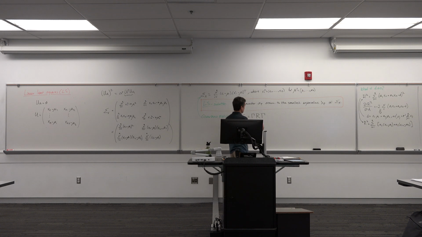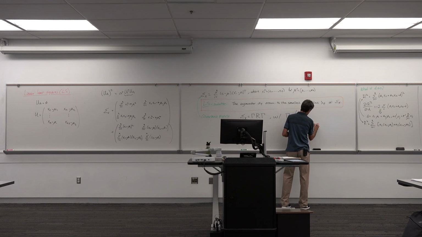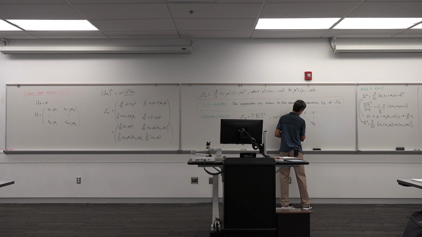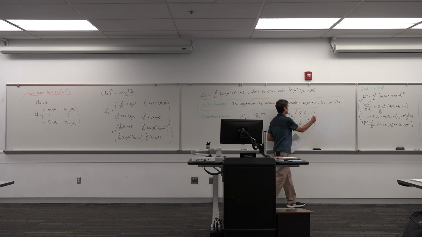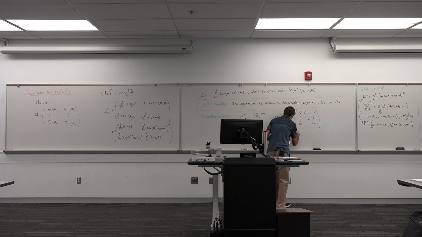Where this matrix gamma is equal to a diagonal matrix of the variances, sigma 1 through sigma p, and zeros in the off diagonal. So just a diagonal matrix of the variances. And R is a matrix with ones in the diagonal.